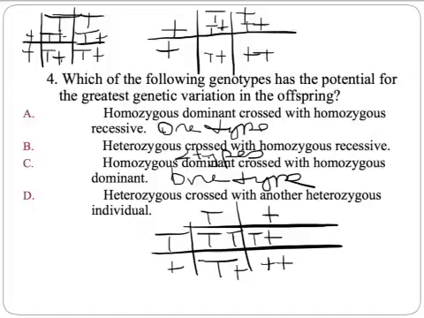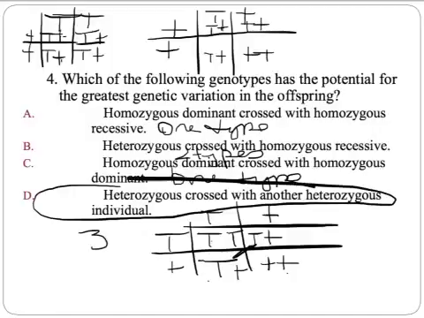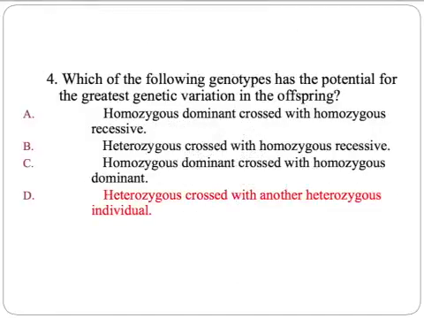Notice here, how many different genotypes do I have? I have one genotype here, the second one here, and then these two are the same. So far we have two genotypes. There's our third. So D is the correct answer. It's going to give us the greatest variety. So a heterozygous crossed with another heterozygous is going to give us our greatest variety.